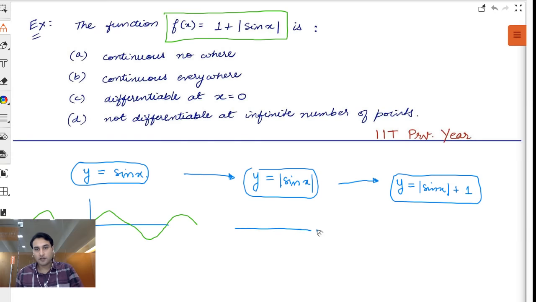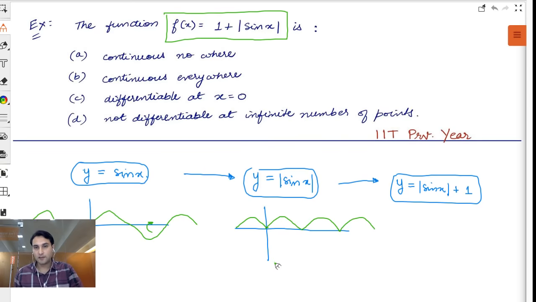It will make wherever the graph was negative, it will be taken up. That's it. So your graph will start looking like this: positive as it is, negative becomes positive, positive as it is, negative becomes positive. Cool. So this is the graph of mod sin x.